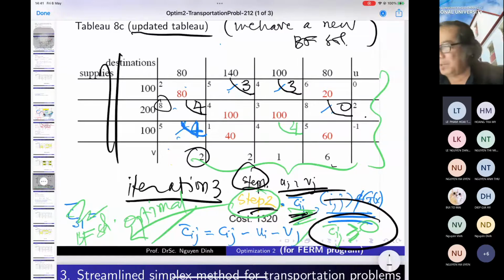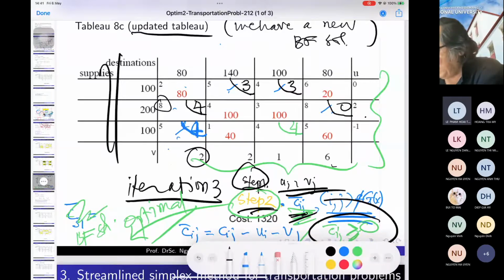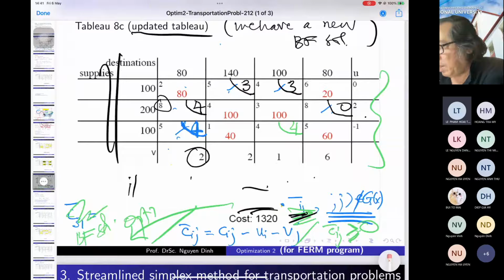And of course, you have to write down, for example, the optimal solution is x11 is 80, x14 is 20, x22 is 100, x23 is 100, x32 is 40, x34 is 60, and all the other xij are 0. And because this problem is a minimum cost transshipment problem, you have to calculate the minimum cost. Is that okay? And what is the minimum cost in this case?